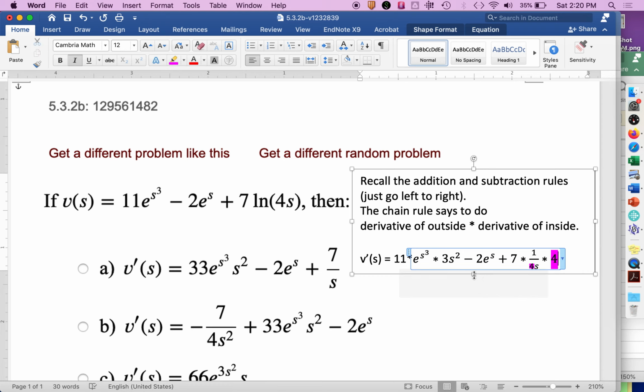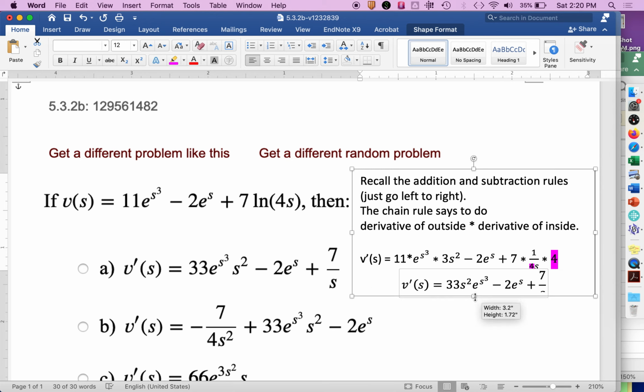And I can clean this up a little bit more, right, and just turn it into 3 times 11 is 33. We can move the s squared in front. It's not really necessary. I can put it in the back behind the e to the s cubed, but either way is fine.